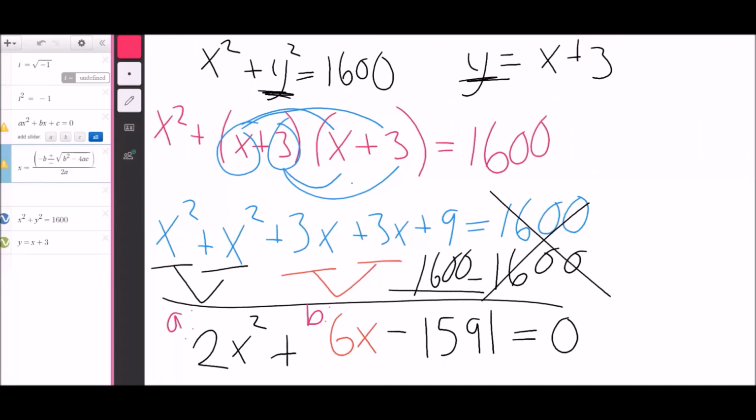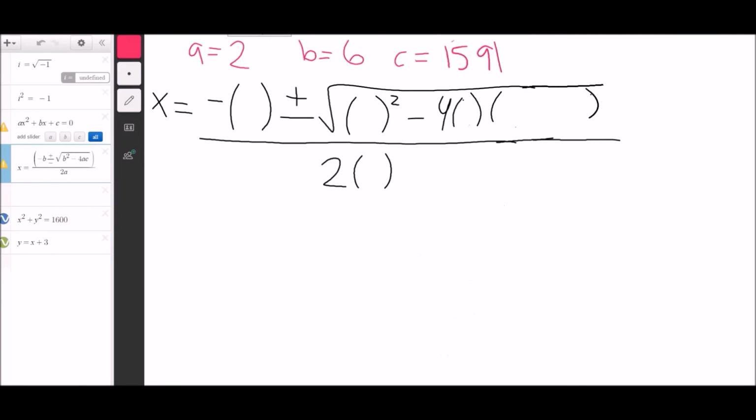And negative 1,591 is going to be your c. Okay, so now all we're going to do is just plug in all the numbers. B equals 6, A equals 2, and C equals negative 1,591.